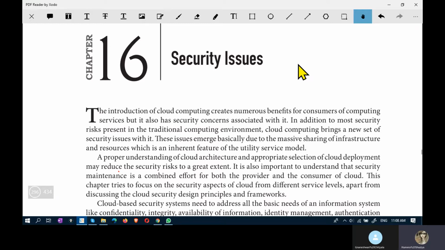Consider any computer system, even mobile, has to be secured. You get several problems. So there are several security concerns, not only in traditional environment, in cloud environment as well.